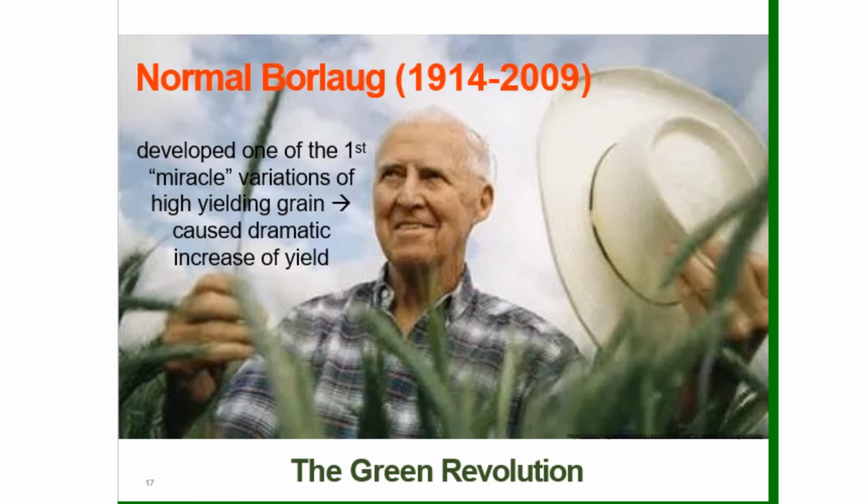On the other hand, under suboptimum conditions, high responders may not produce as well as traditional varieties. Impoverished farmers cannot afford expensive fertilizers, seeds, and water to be part of the Green Revolution movement, and this is one of the problems here in the Philippines. They become left behind.